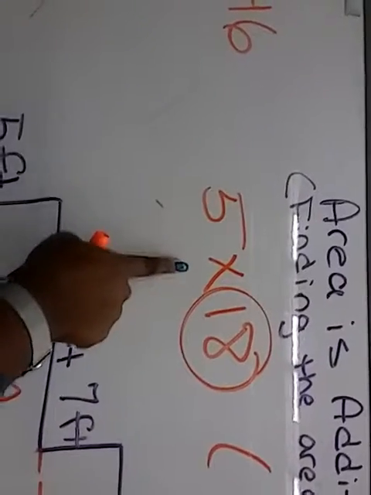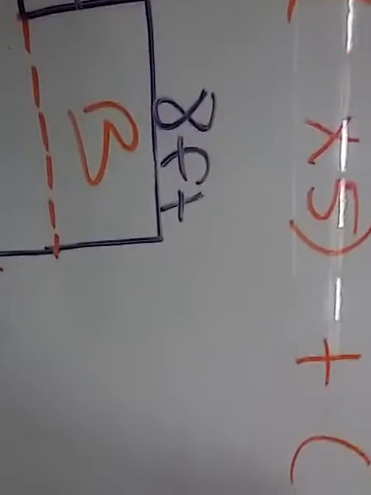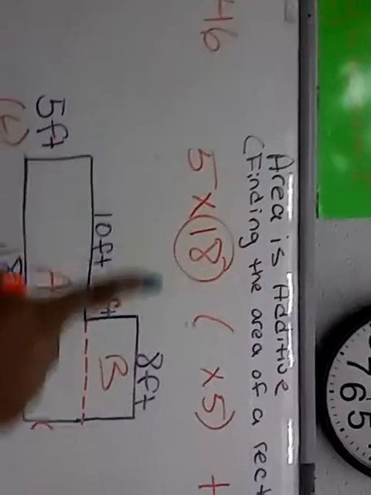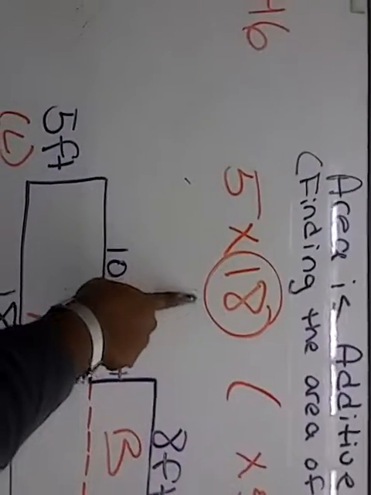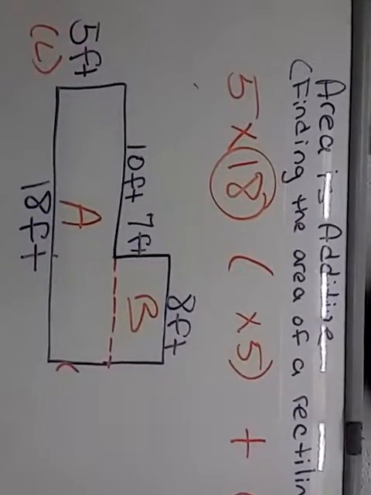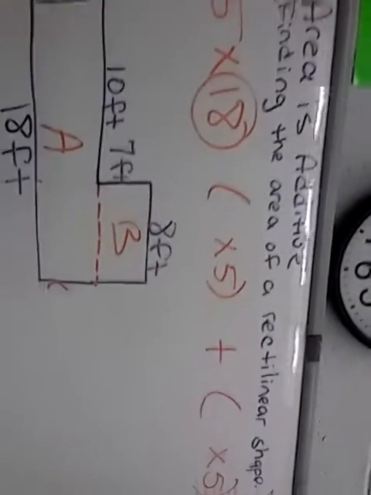The number that's being multiplied, times 5, goes inside of both parentheses. And what we're doing is breaking up this 18. We're trying to see what two numbers you add to give you 18.